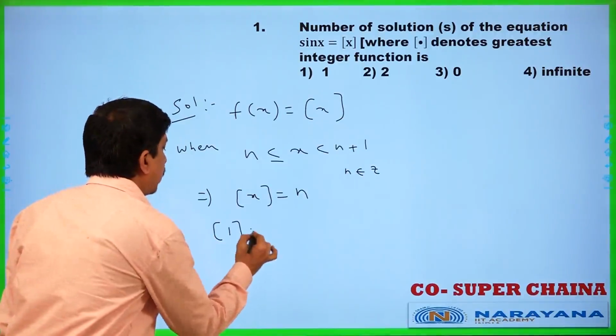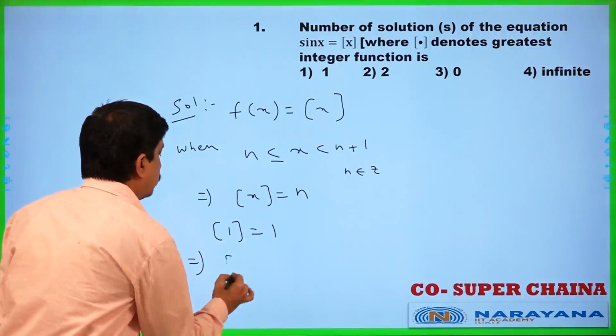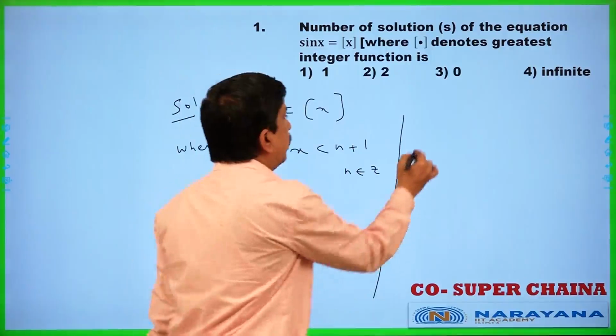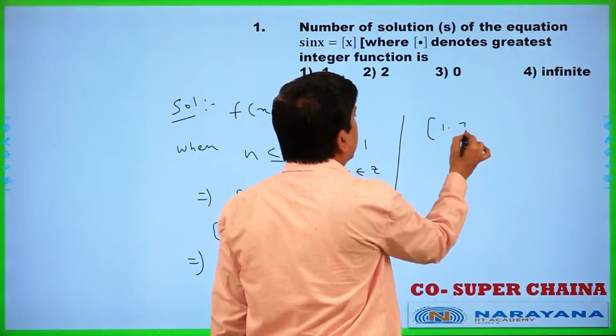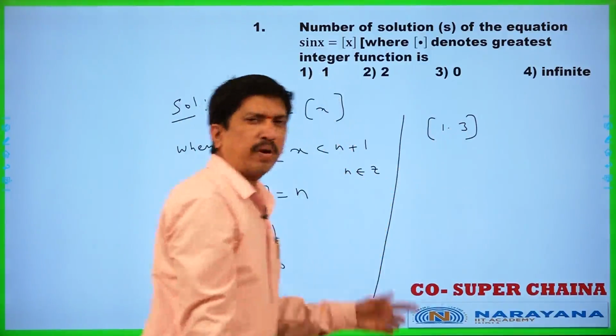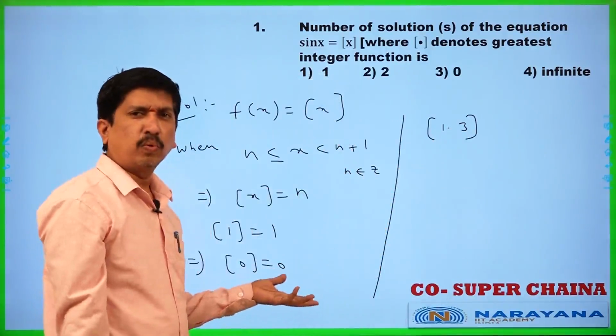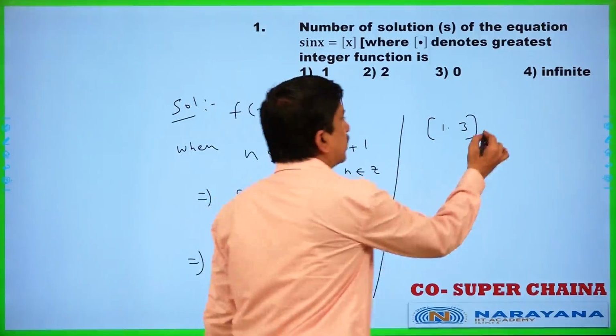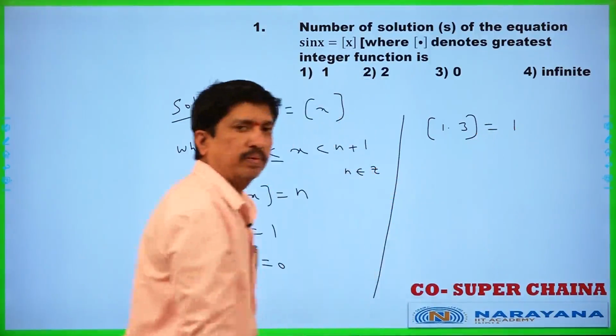[1] is equal to 1, [0] is equal to 0. Now [1.3] lies between 1 and 2, so comparing with n and n plus 1, we take n, that is [1.3] is 1 only.